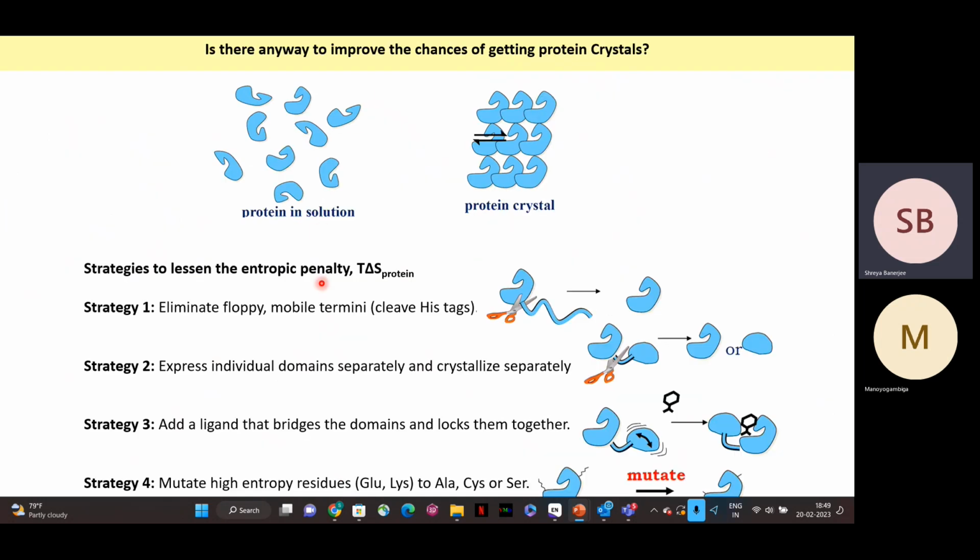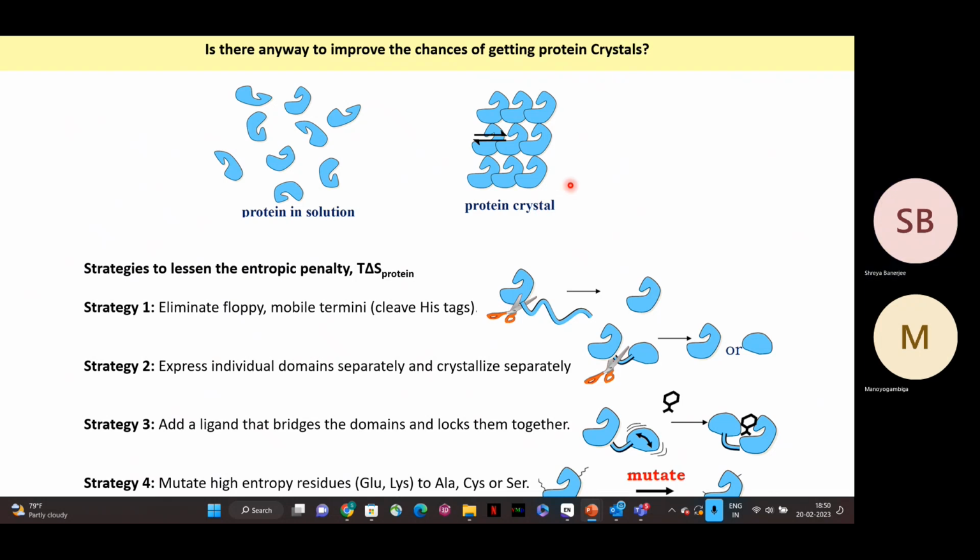So how can you lessen this? Firstly, if the protein has floppy mobile termini, like if it has a lot of histidine tags, you can remove the tag, and then your initial entropy is not that much. So when it becomes the crystal, the entropy change is not that much unfavorable.